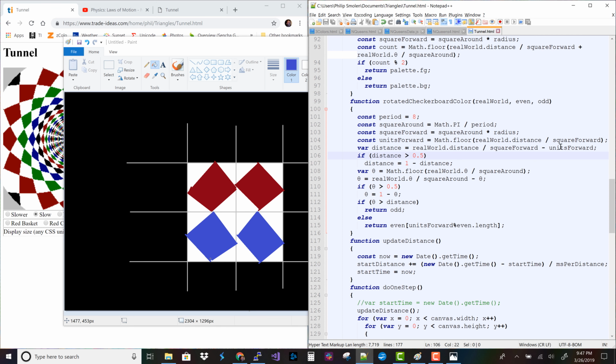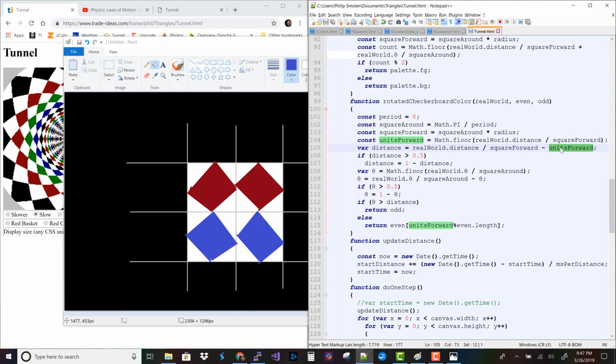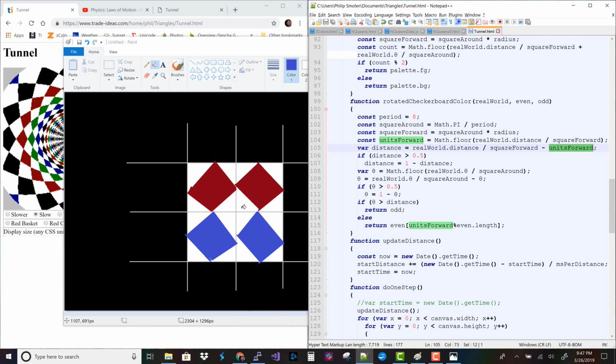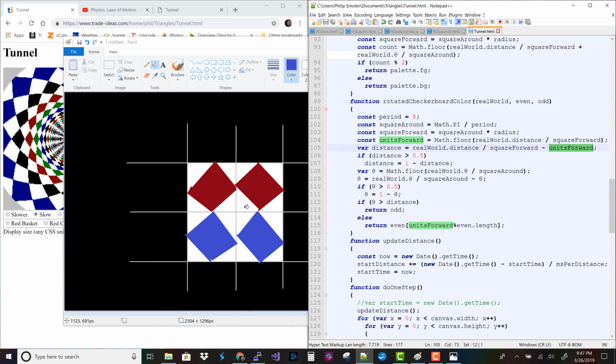Now what we're figuring out is exactly the opposite. We start with the units forward, but then we say throw away the part that was an integer. Just tell me where I am in this cell. Tell me if I'm in the bottom left corner, or the center, or the center right. So again, we only care about the fractional part, the part within this cell.